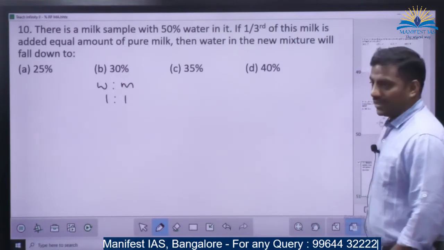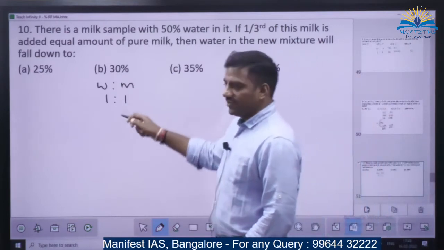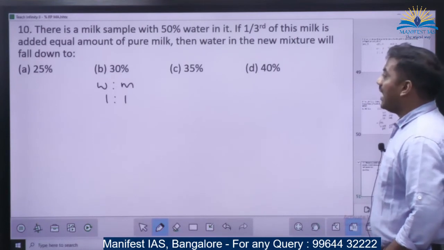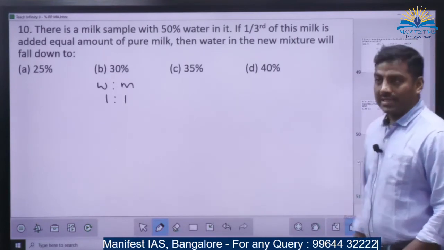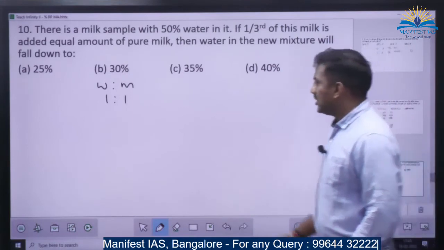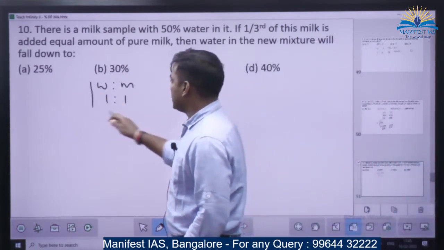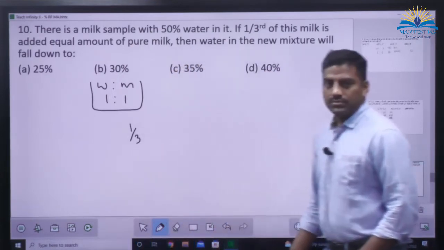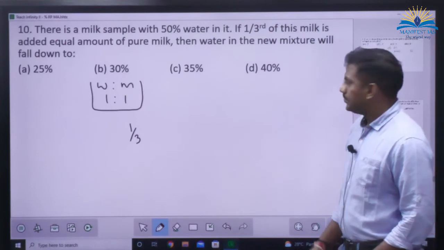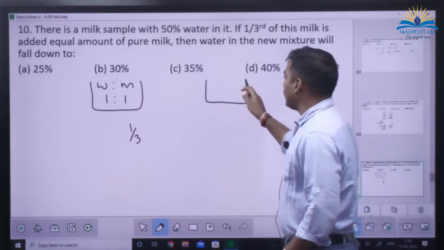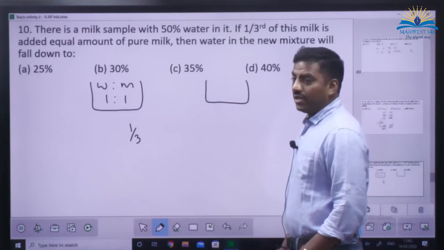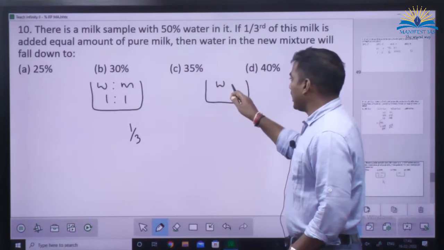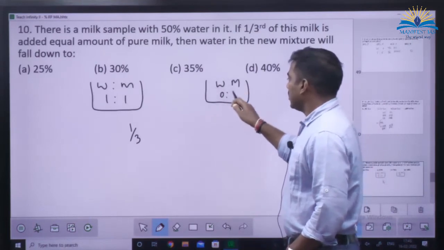I am taking 1/3 of this milk and I am adding it to an equal amount of pure milk. So this is one sample we have. We are taking 1/3 of it. Then what we are doing? We are adding it to one more sample where milk is pure. So the water to milk ratio is 0:1.